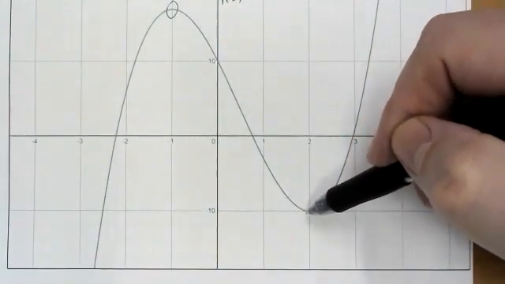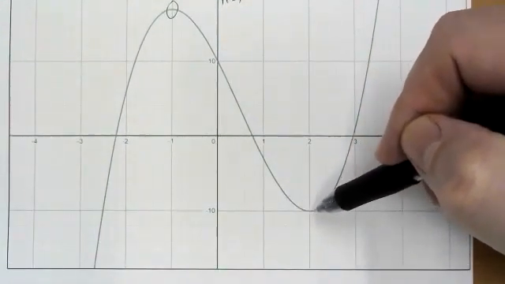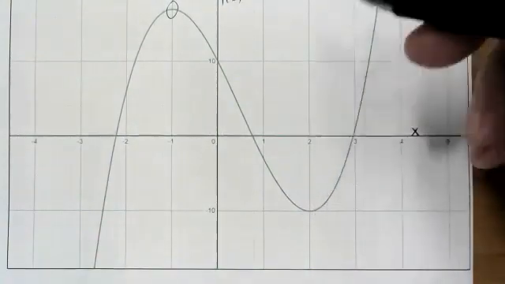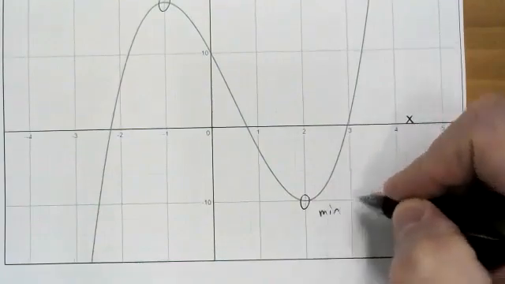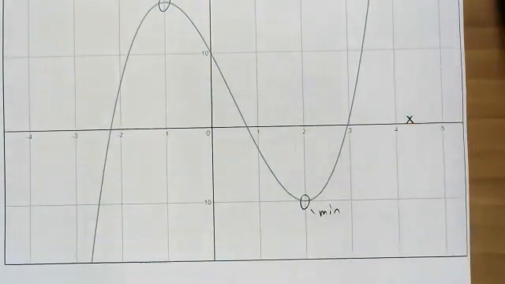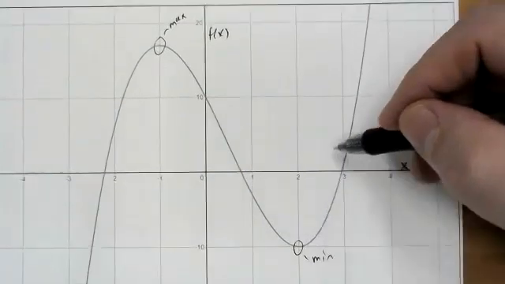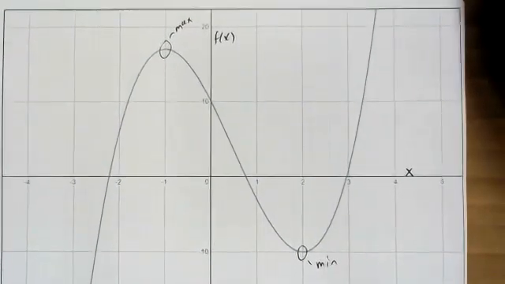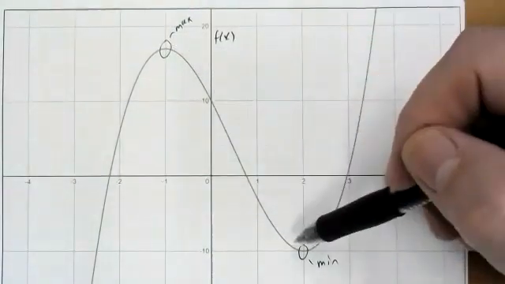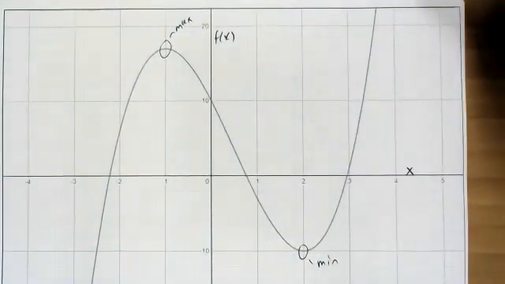But then here it sort of bottoms out and then the function starts increasing. So therefore, that right there is a minimum. And it goes up and keeps going up. So for this function, I have both the maximum and the minimum.